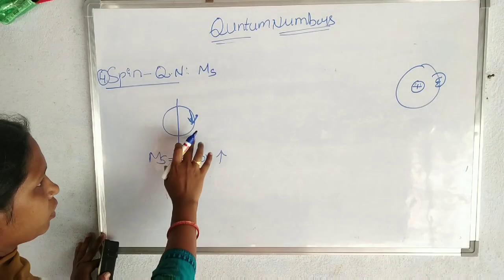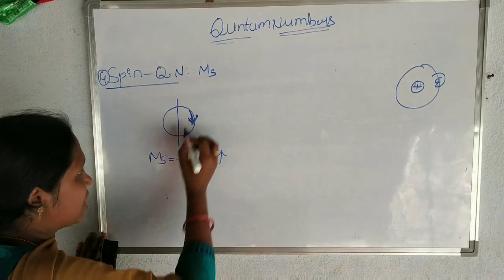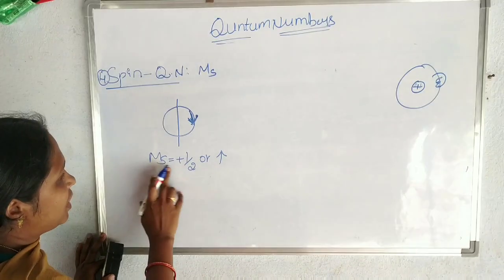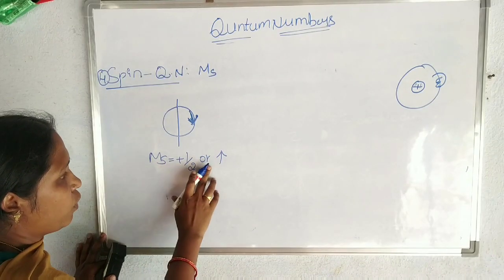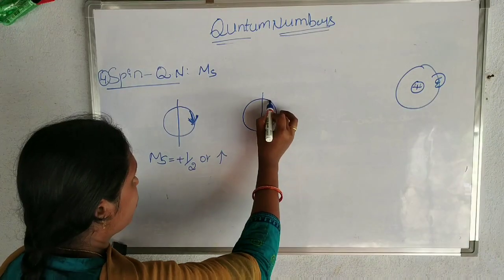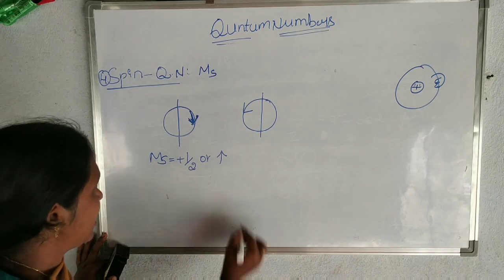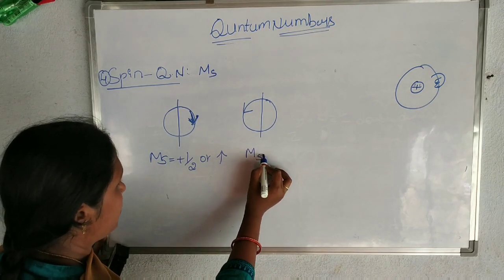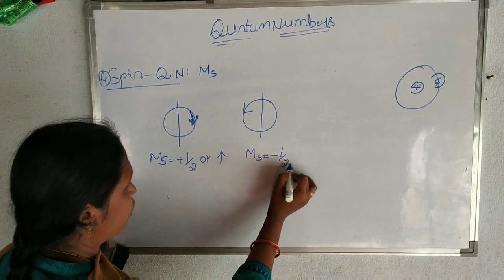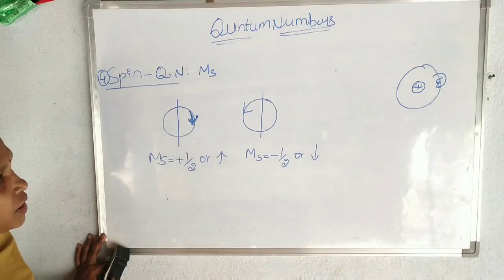If the electron rotates on its own axis in a clockwise direction, it has ms value plus half or an upward arrow. If an electron rotates in an anti-clockwise direction on its own axis, that gives an ms value minus half or a downward arrow.